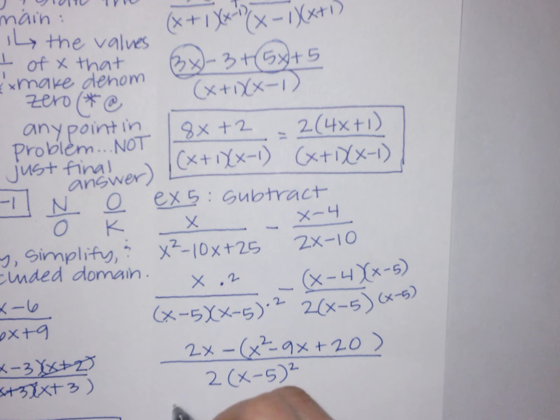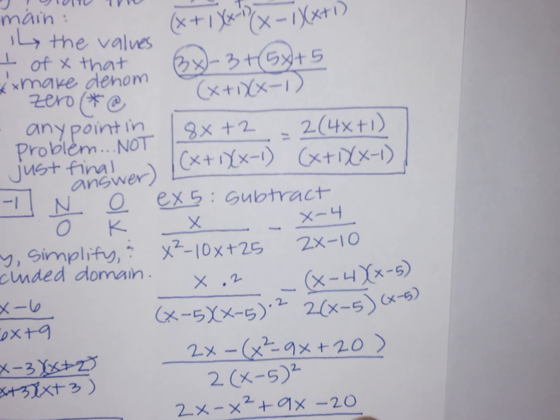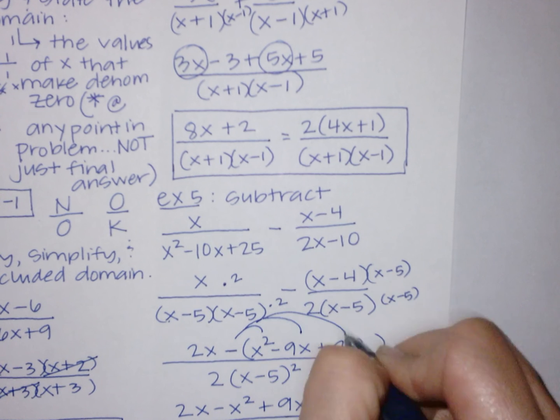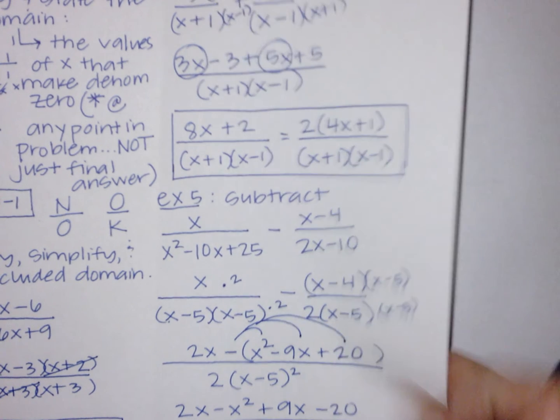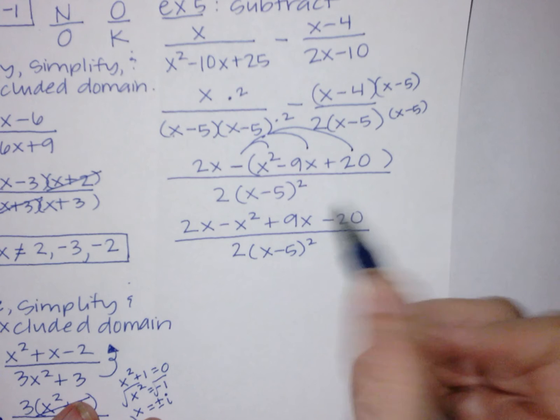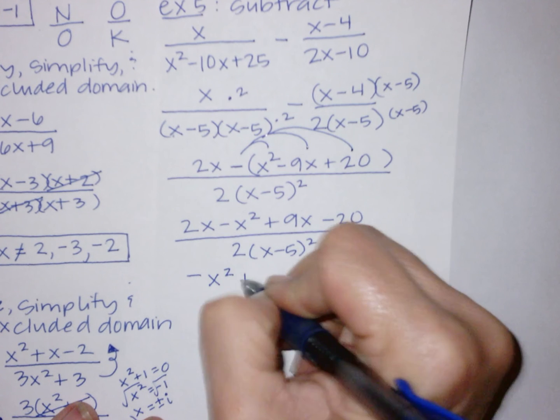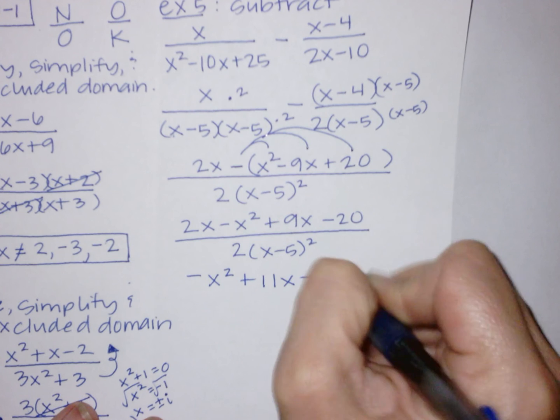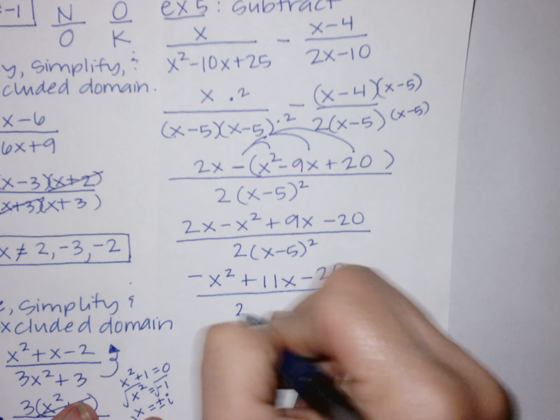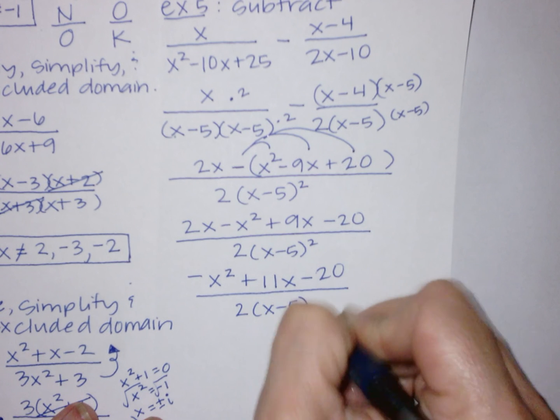And then I'm going to keep simplifying. And the tricky part with these problems is making sure that you do distribute that negative to all three of those. Still have some more work to do. This is going to be negative x squared plus 11x minus 20 all over 2 times x minus 5 squared.